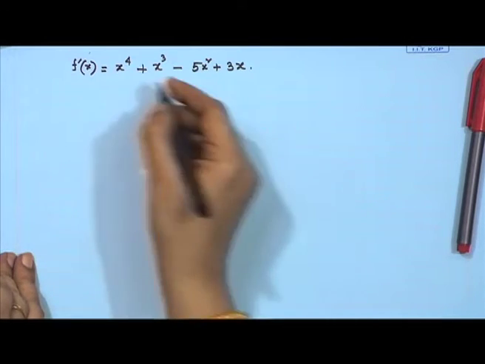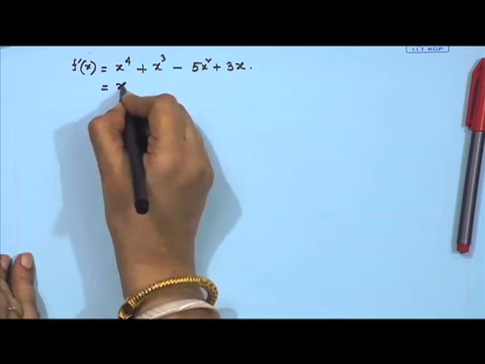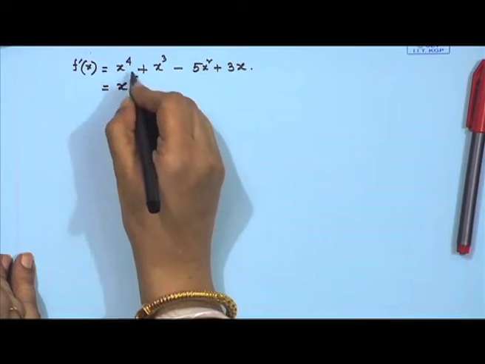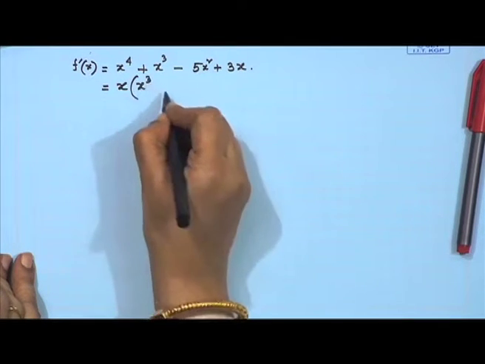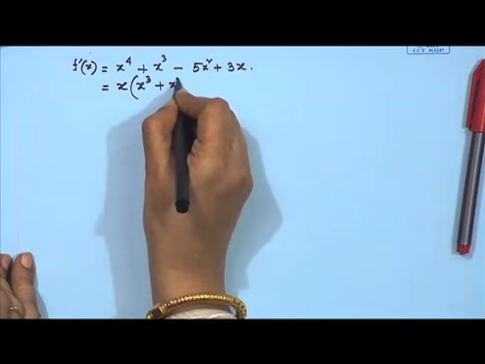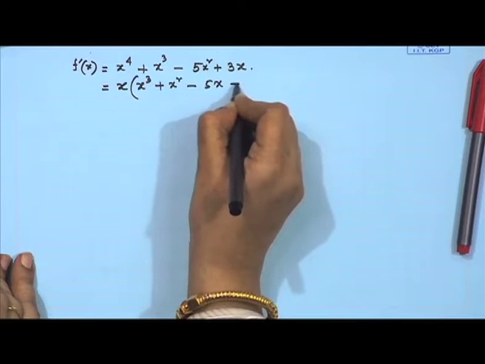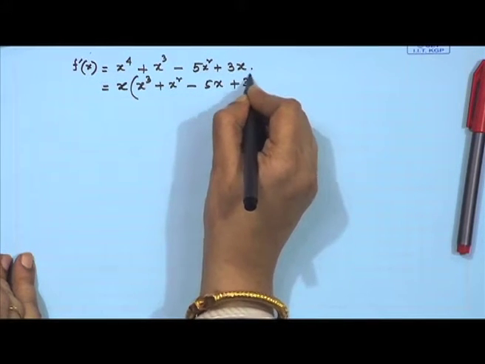Now, if we equate to 0, let me simplify this. If I take x common, then it will be x cube plus x square minus 5x plus 3.